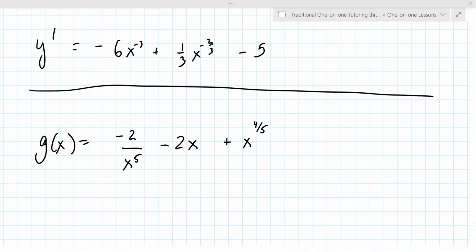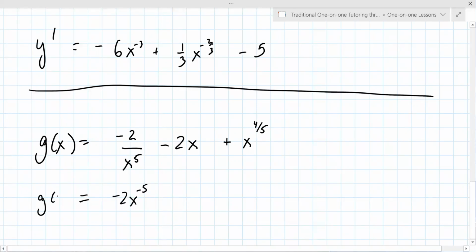This is gonna be negative 2x to the power of negative 5. Oh, we're just writing it down, right? Yeah, rewrite means to write it again. Okay. Negative 2x plus x to the 4/5. You're just rewriting it. You're not doing calculus.